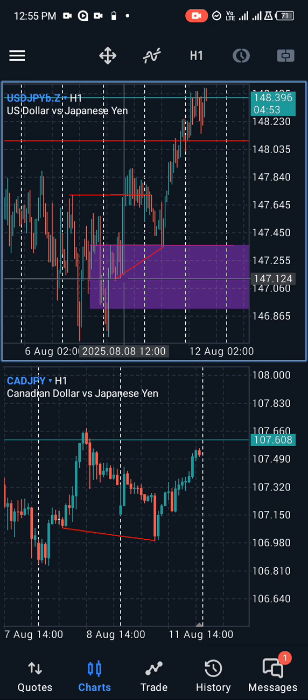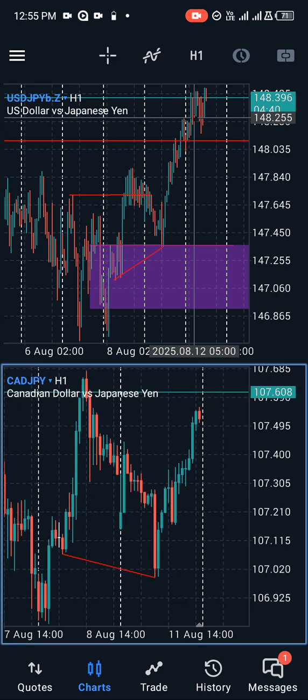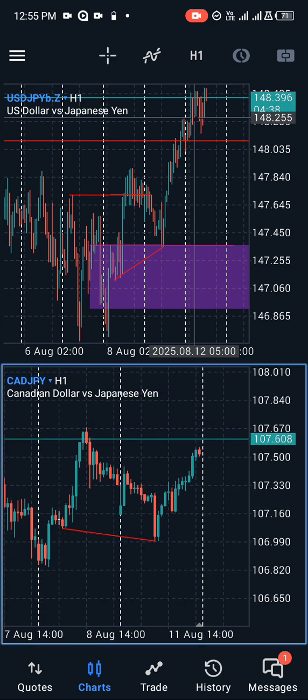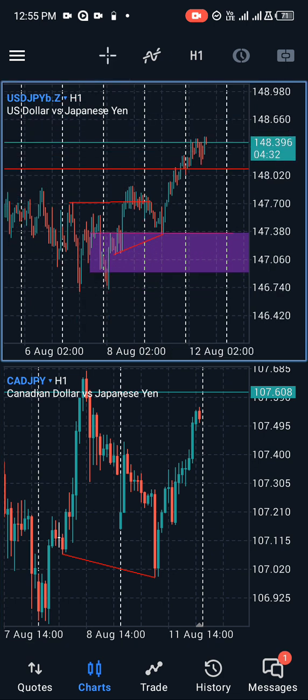Therefore, CAD JPY had taken liquidity, and USD JPY was like, I'm not going there since you have taken liquidity. So price pumped up. I took entries on both, but I exited once USD JPY took liquidity above my zone here.